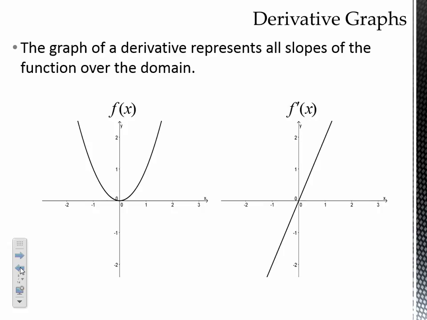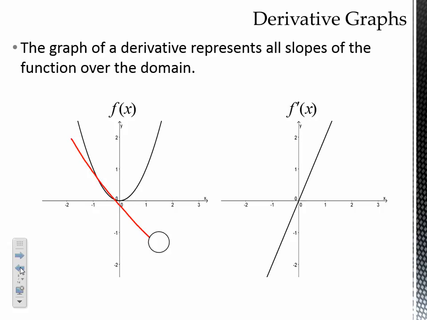What if you flipped it over the y-axis? If the line was like this, so instead of like that, it was like this, can it do that too?